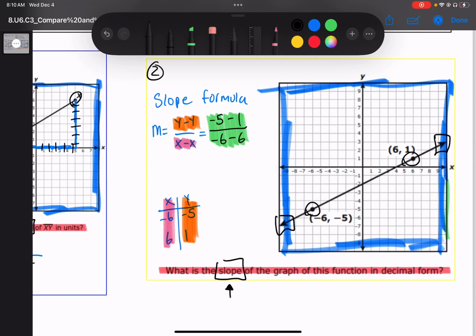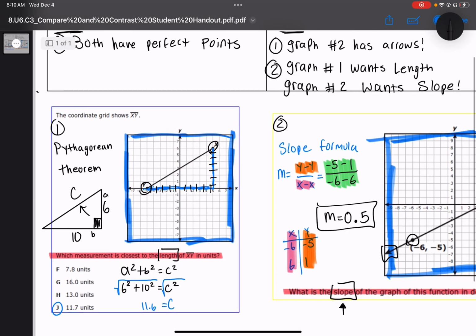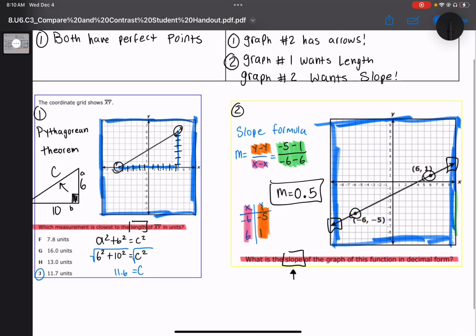All right, what did y'all get? All right, I got my slope is equal to 0.5. So as we look at both of these questions, it's very important to know the difference between the Pythagorean theorem for length and slope when it's asking for slope.